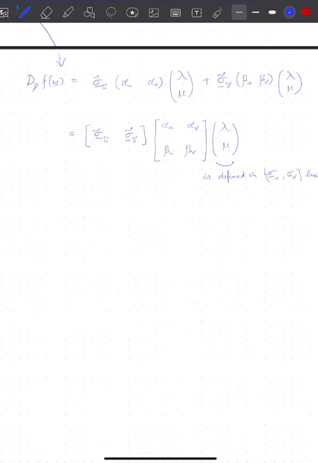And these were the components of w in these two bases, and then we had mapped it to such a form here. So from this, we can clearly say that this is the linear map, or maybe this is the Jacobian matrix of the mapping. So this is the Jacobian of the mapping.